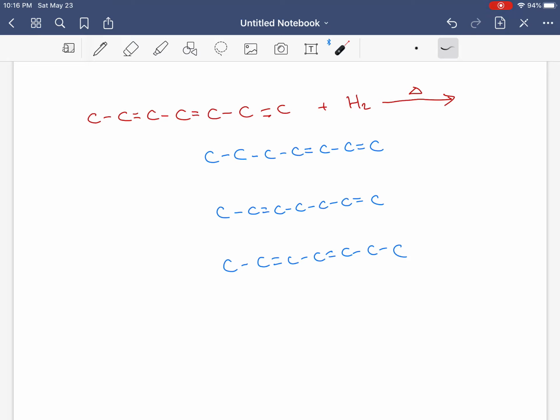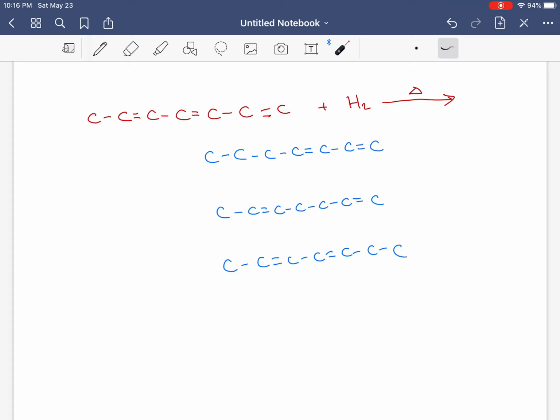And the second thing, of course, look to see if this is in excess, because if this is in excess, this is going to be different. You're not going to get 3 products. You're just going to get 1 product. And that product, of course, is the breakage of all 3 of these at one time. All right, so that's my second reaction.